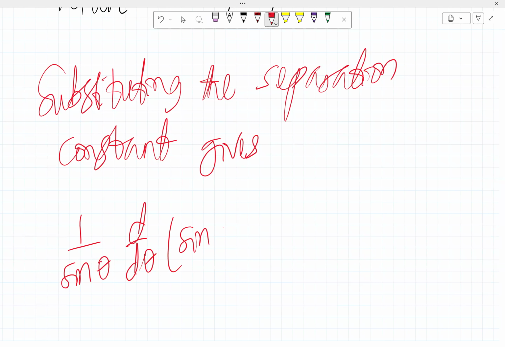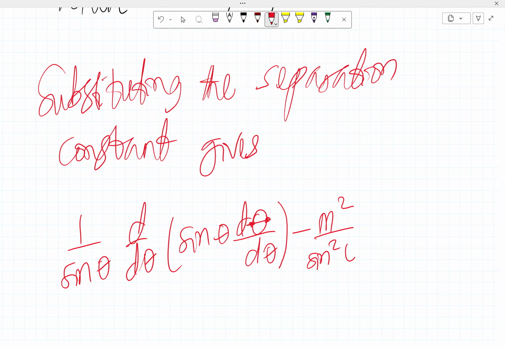So that's sine theta d big theta over d theta, minus m squared over sine squared theta big theta, equating the theta part to m squared also, and that is equal to minus lambda big theta.